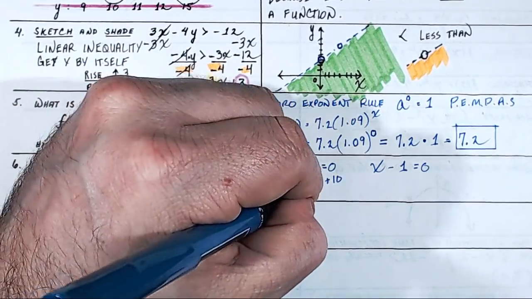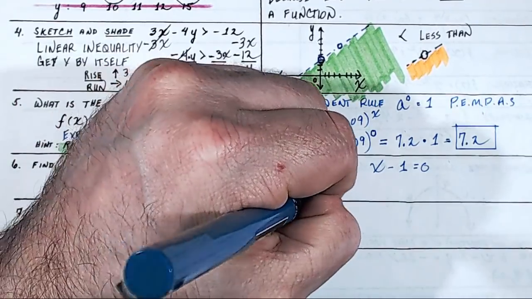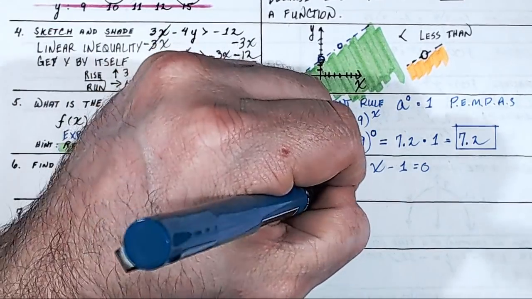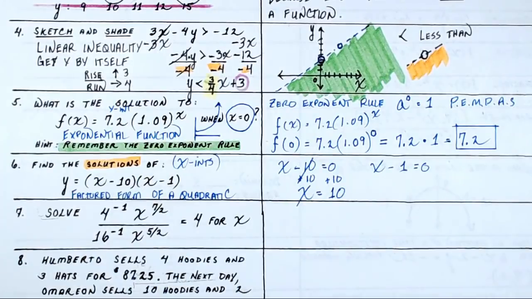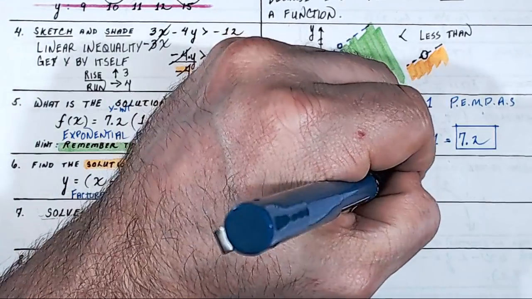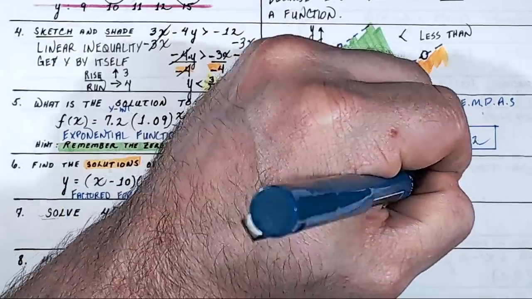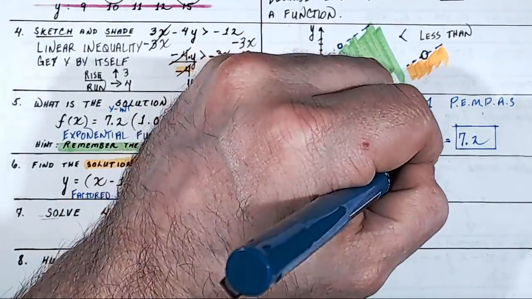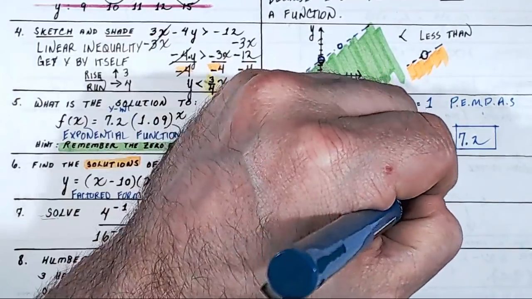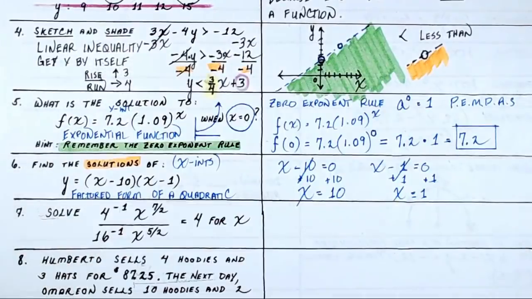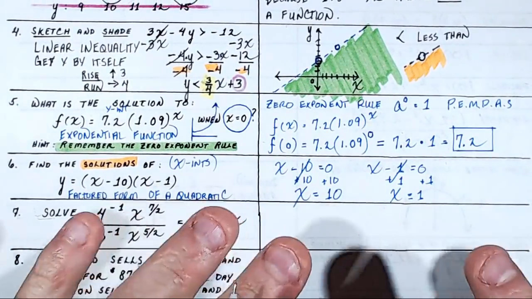On the left it cancels. I have x equals 0 plus 10, which is 10. For this one, x minus 1 equals 0. I'll add 1 to both sides. Now I have x by itself. X equals 1.